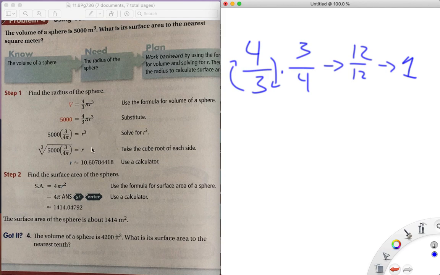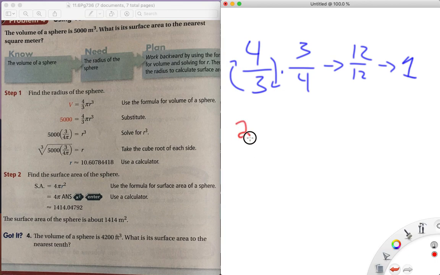In order to get the radius by itself, I'm going to do the opposite of cubing, which is to cube root. Notice that there's a 3 outside the radical, which means that I'm cube rooting, not square rooting. So I'll use 2 as an example. This is about the difference between cube rooting and square rooting.